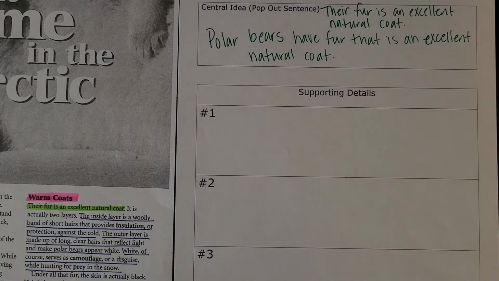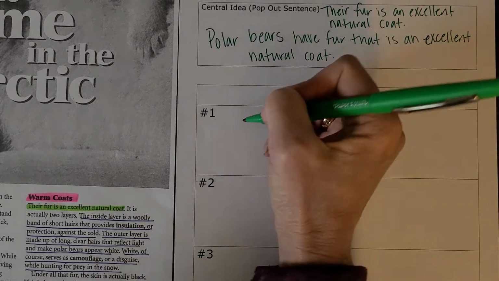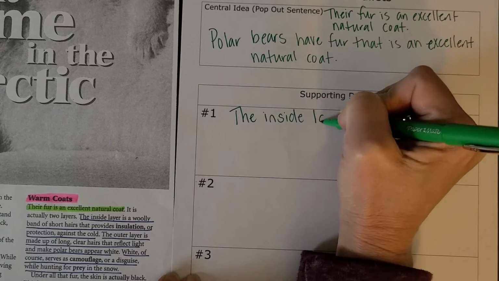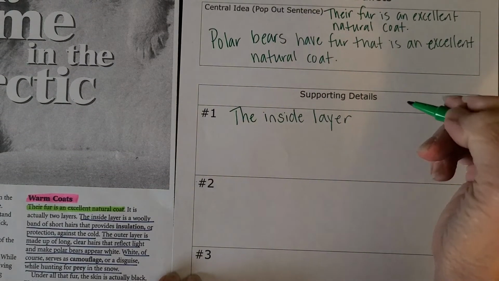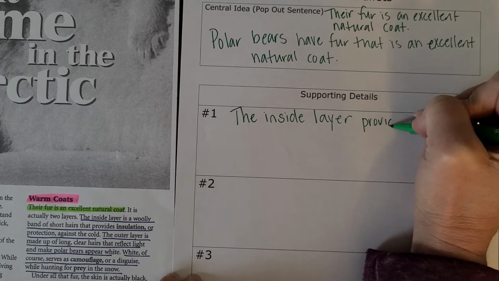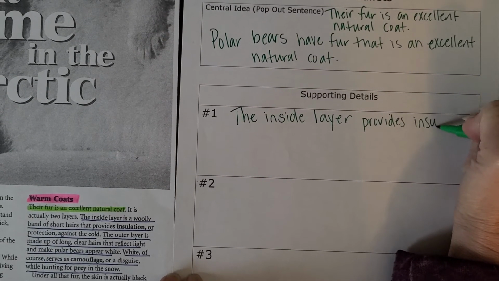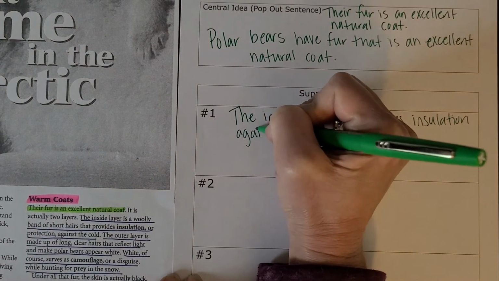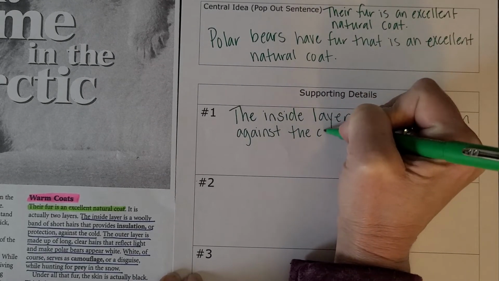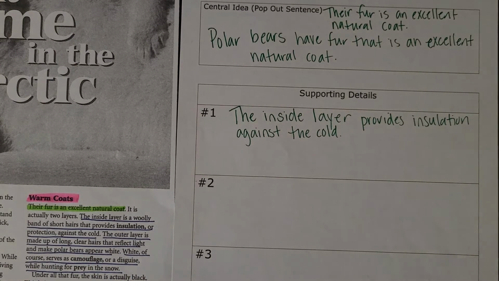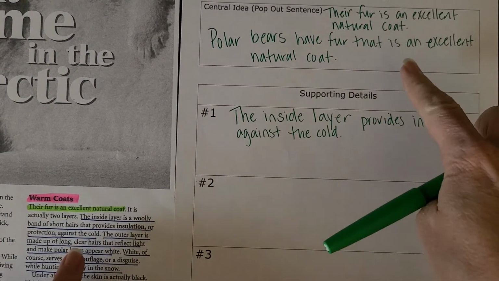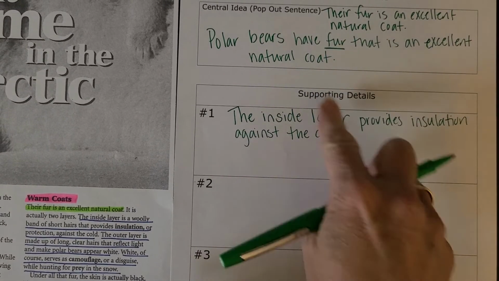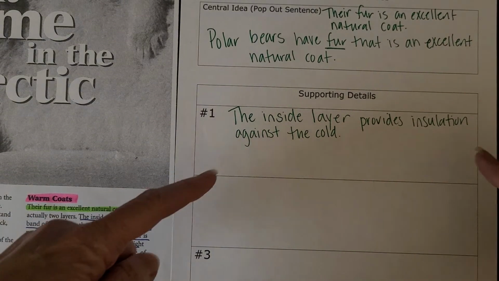And I'm just going to write the inside layer provides insulation against the cold. Okay, so that's my first detail that says, yeah, this paragraph is about how his fur is an excellent natural coat, and coats protect you from the cold.